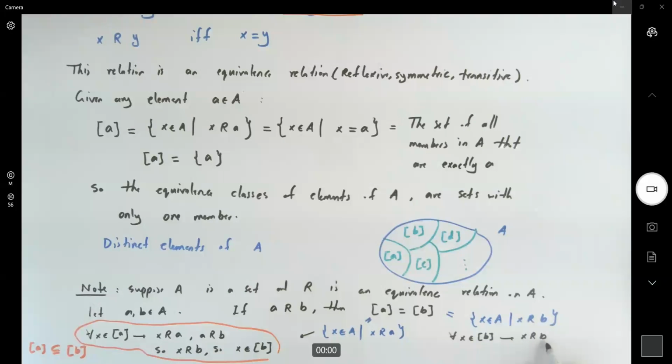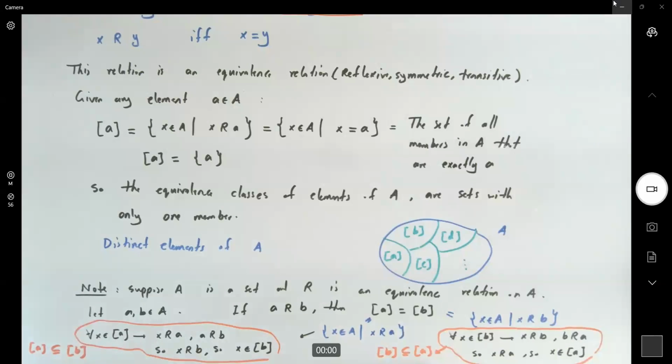X is related to B. B is related to A. So X is related to A. So X belongs to the equivalence class of A. This gives us that the equivalence class of B is a subset of the equivalence class of A. These two are subsets of each other.